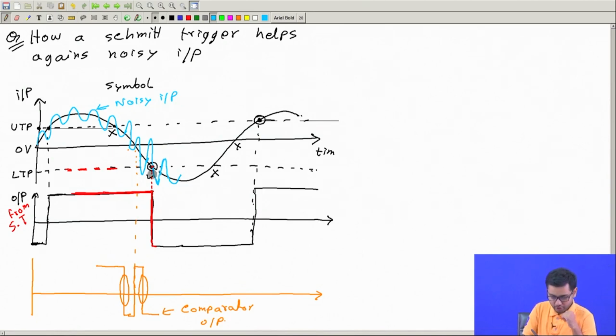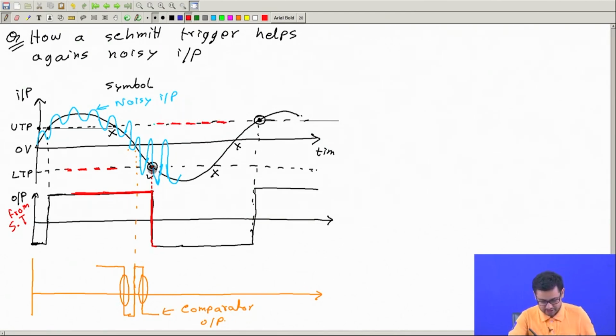No, because you see, let me make it even more noisy. So you see, once the output has gone to negative value, then the lower trigger point is of no use, it is not active. The comparison will occur starting from here only with the upper trigger point. So this is the active comparison region after this point.